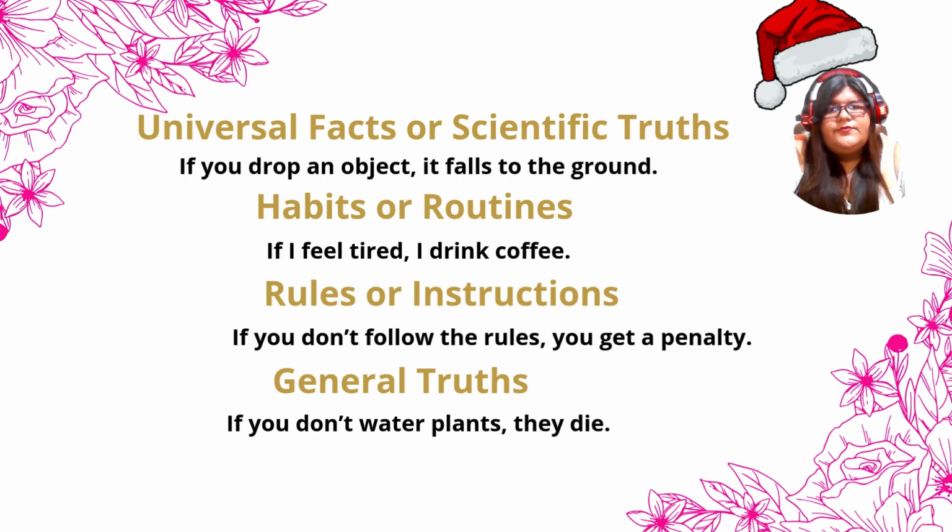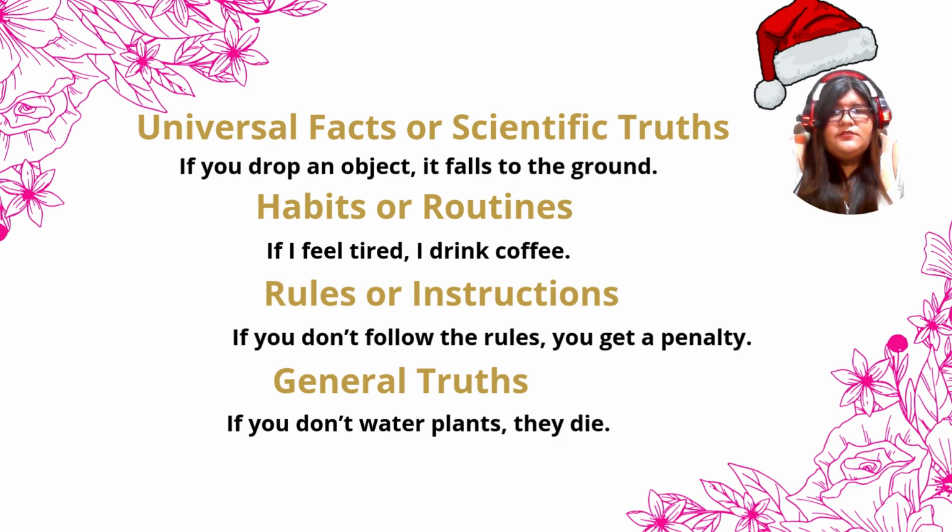Now let's see universal facts or scientific truths. If you drop an object, it falls to the ground. Habits or routines. If I feel tired, I drink coffee. I think it would be more accurate if I say, if I feel sleepy, I drink coffee. If I feel sleepy, I take a nap or something like that, right? Then we have rules or instructions.